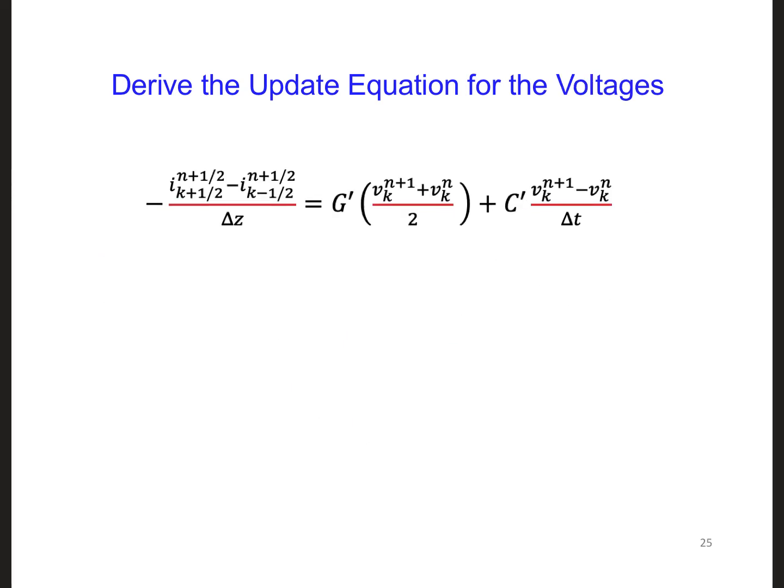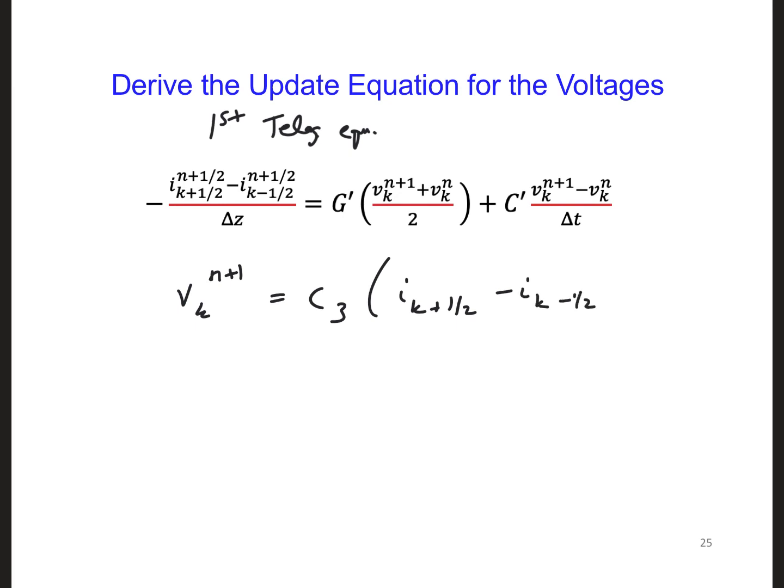And going through the same process for the first telegrapher's equation, we get something also of the form: the future voltage is equal to a coefficient times the difference of the two neighboring currents, one to the left and one to the right, both half of a time step earlier than the voltage we're solving for, and another coefficient times the voltage, same location and one time step earlier than the one we're solving for.